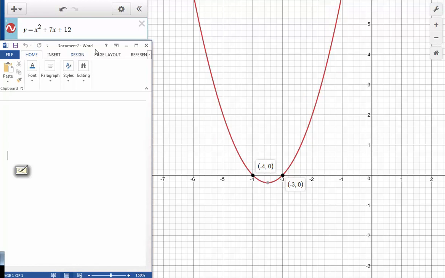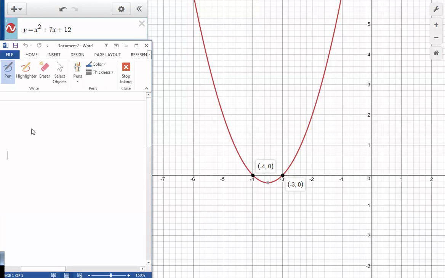So we may want to think about writing the following. If we have over here the 2 points, we have the x-intercepts. Notice we have the point -4, that's for x, and when x is -4, y is 0, our function is 0.